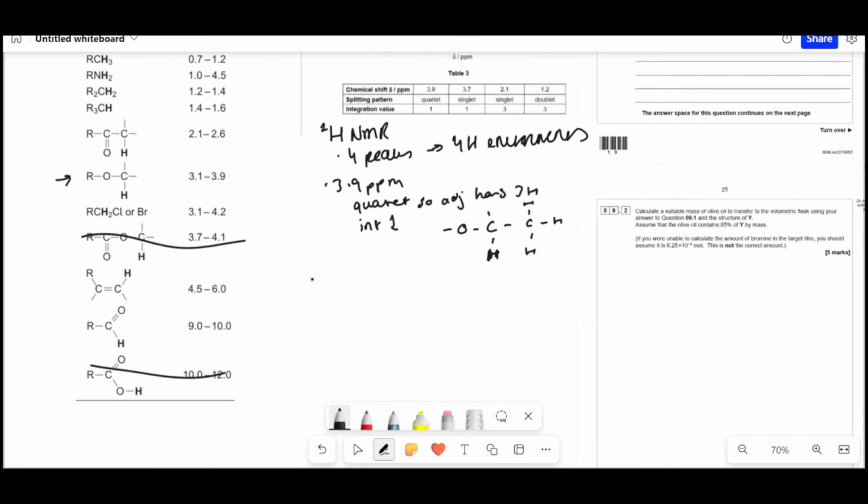Then if we look at the second one, so 3.7 ppm, it's a singlet. So the adjacent carbon has 0 hydrogens, and its integration is 1. So we need to now look at this and think what this could possibly be.